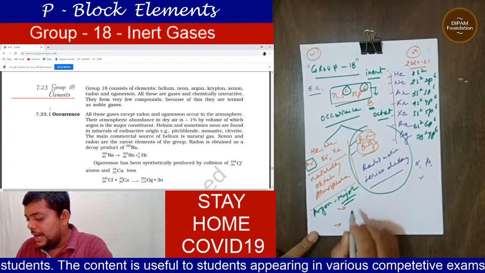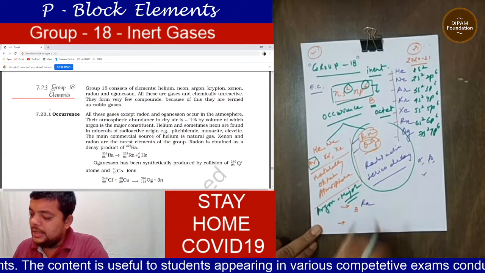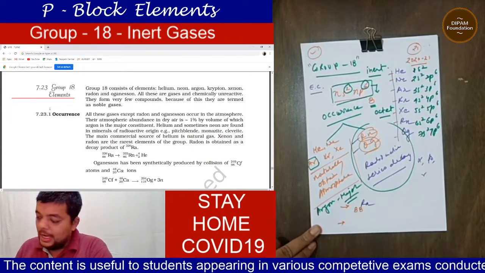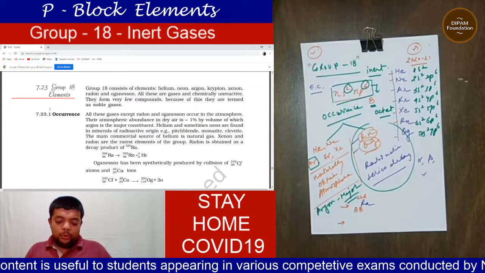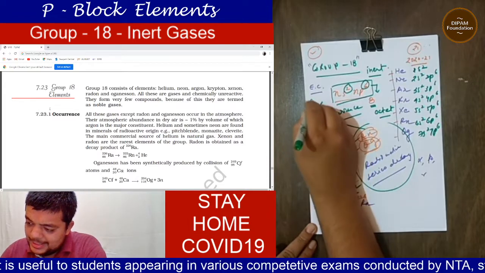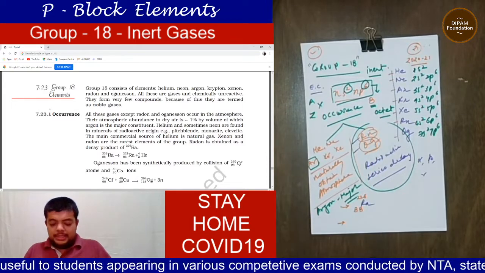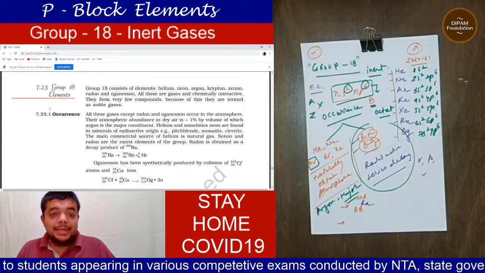Over here, let us have an element called radium, which has atomic number 88 and atomic mass 226. If you remember your lower standard chemistry, you will be aware of the notation ZXA, where Z is the atomic number and A is the atomic mass.